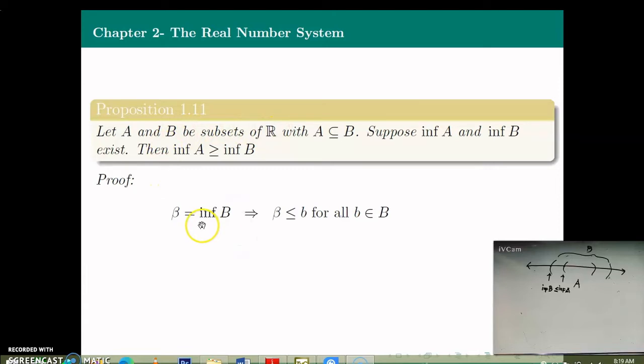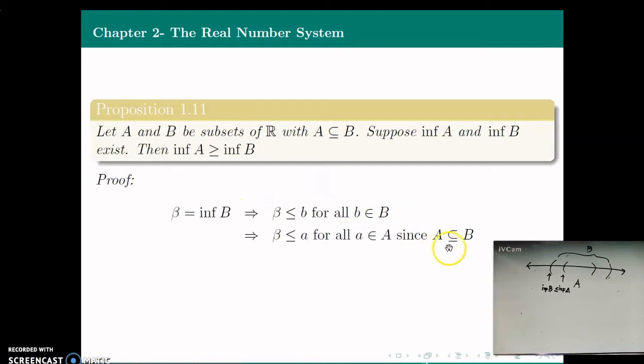So from the definition of infimum, since beta is the infimum of B, it should be a smaller number than the numbers in the set B. So we have here beta is less than or equal to b for any element b in the set B. Since A is a subset of B, we have beta is less than or equal to a.